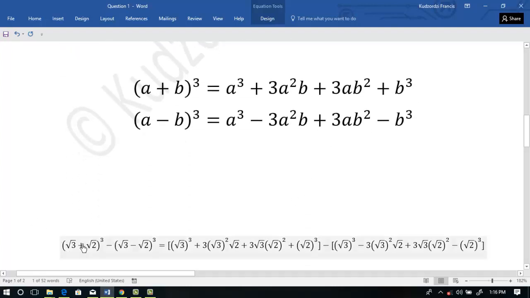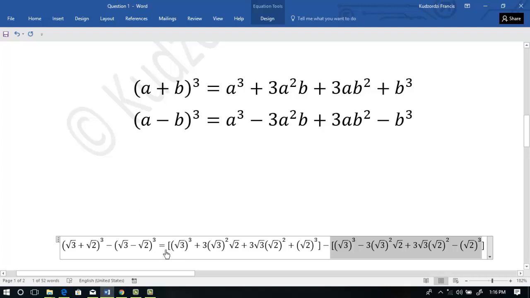So we have root 3 plus root 2 cubed, which will give us root 3 cubed plus 3 root 3 squared root 2 plus 3 root 3 root 2 squared plus root 2 cubed. So that will give us that, and this also gives us this. So just by substitution we get that.